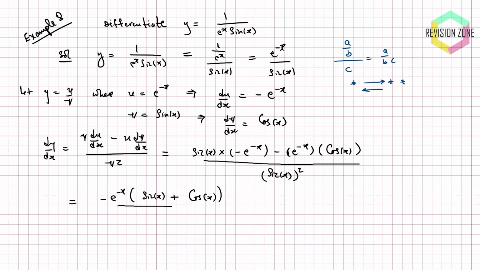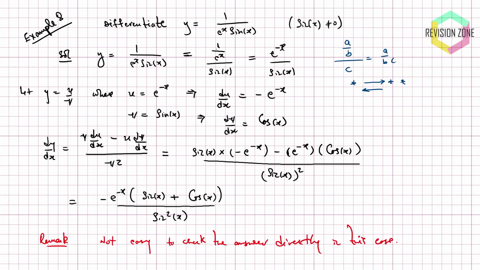And the denominator is just going to be sine squared x, of course. Now at this stage, that's simple enough, I think. So we can leave it there, and that's the answer to the initial function we were trying to differentiate. So lastly, it's worth saying the remark that there's no easy way to check this answer directly.